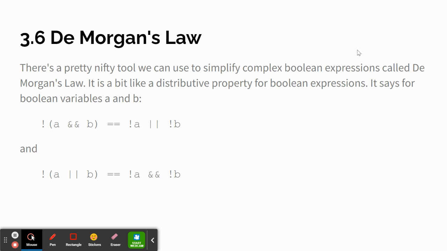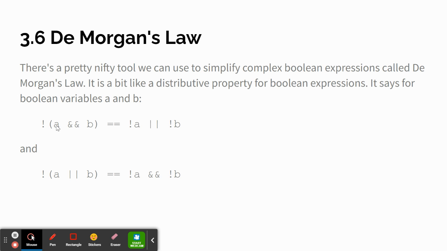And it's basically like a mathematical distributive property for logic. It says if you have an expression like this over here, with the not symbol in front, it's not technically the distributive property, but you can think about it that way. I'm going to distribute this not symbol to each part on the inside.